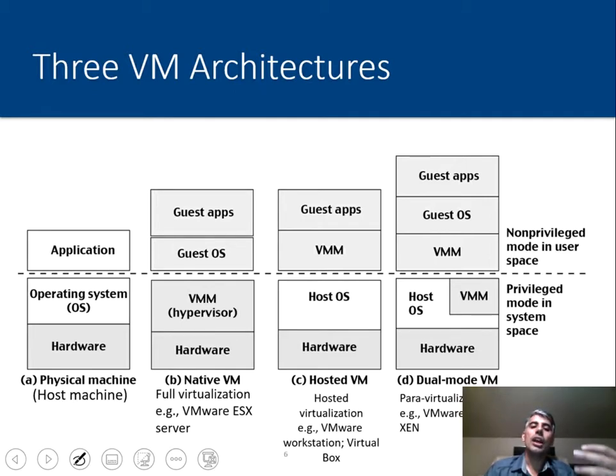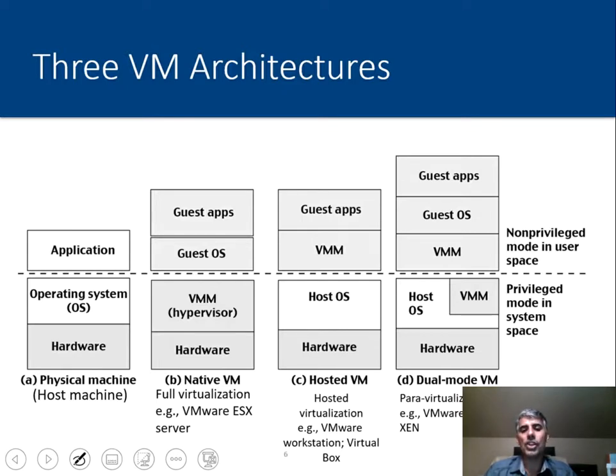In other words, in this system, we do not have a host operating system. So there's no operating system for the physical host. There's just a VMM on top of hardware, and then that can support different operating systems, guest operating systems, and then we can have our applications. Some versions of VMware, known as VMware ESX, or ESX server, work in this fashion. This fashion is also known as full virtualization.